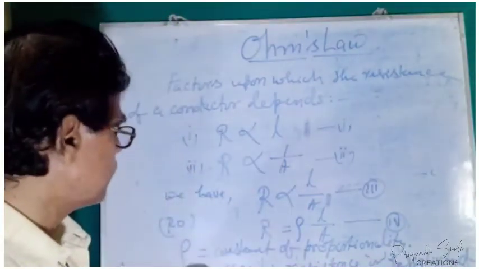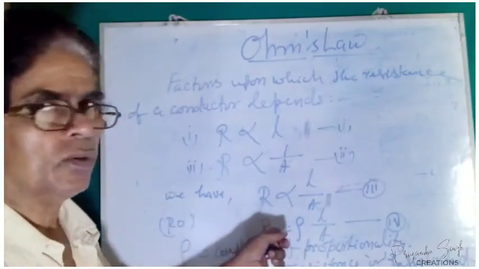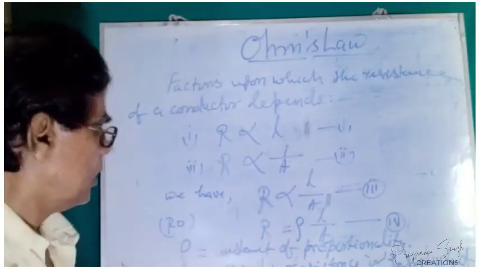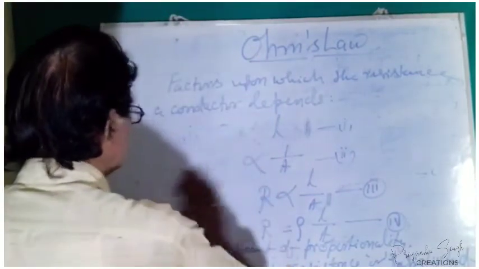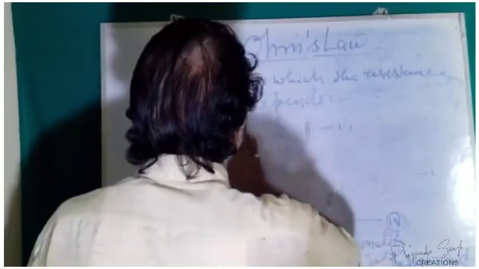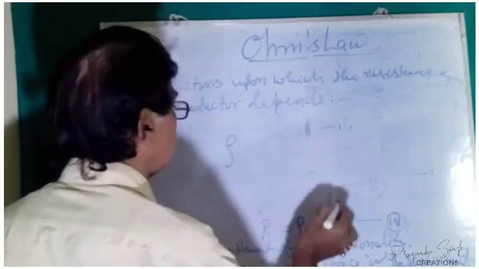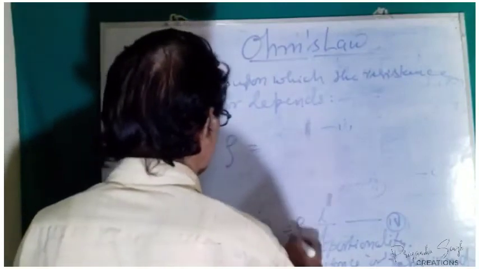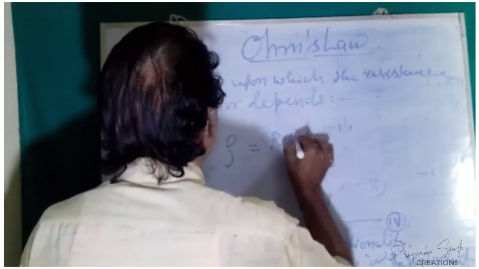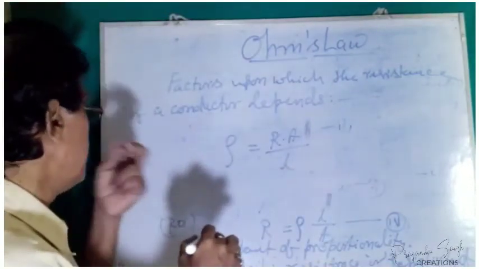So rho represents the ability to resist the electric current, and it may be represented as, we can find out the relation here like this. If we rearrange the equation 4, we get rho equal to R into A by L.